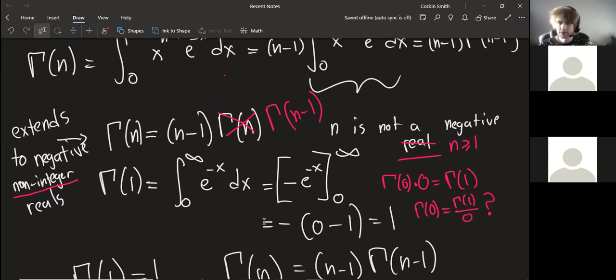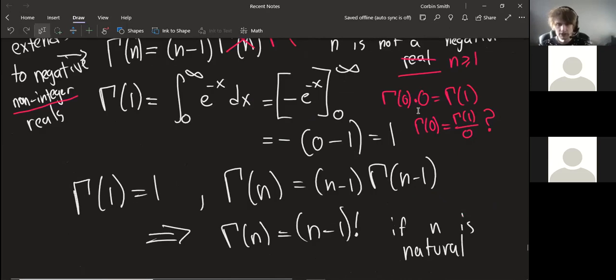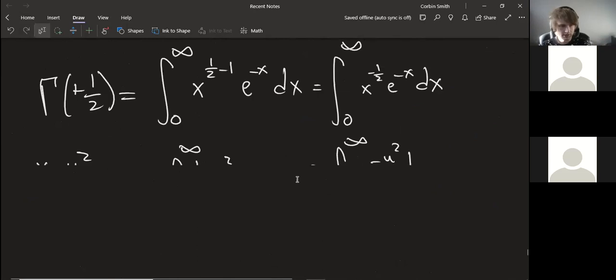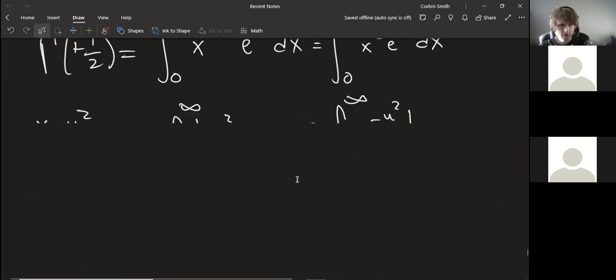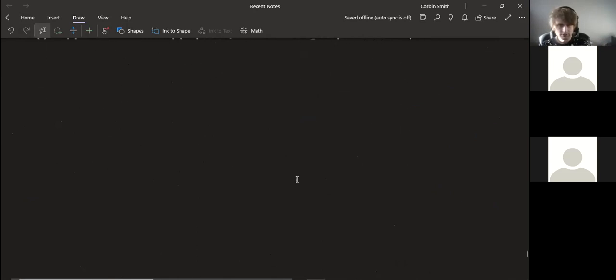And for this reason, there are poles of the gamma function at every non-positive integer, but it is well defined everywhere else in the complex plane. So I think that was it for this page. There might have been one more sign error that I made.